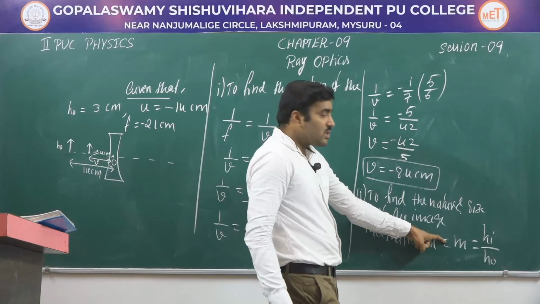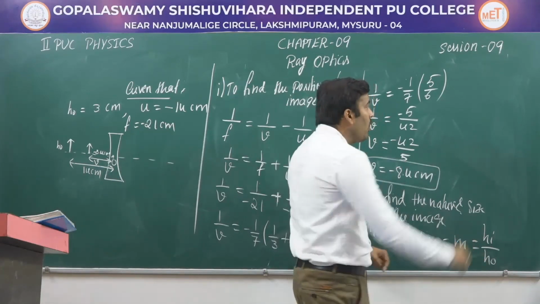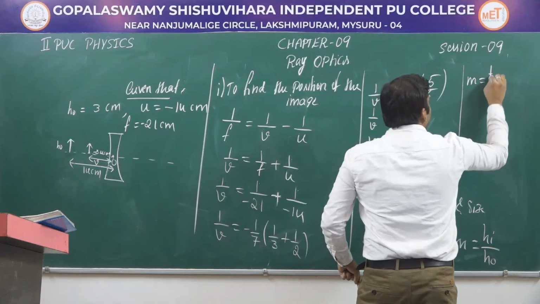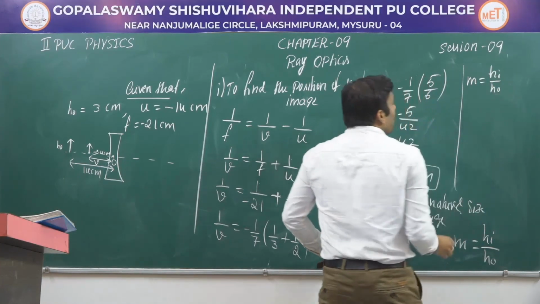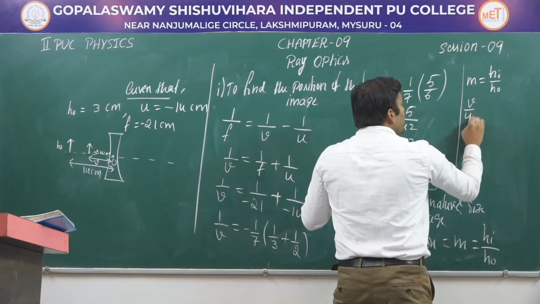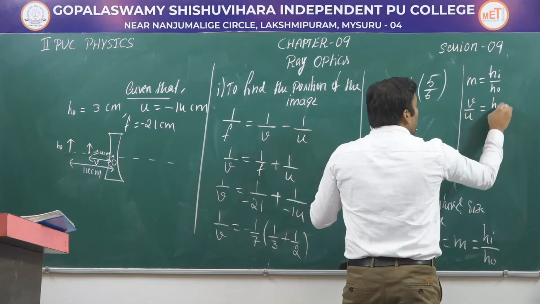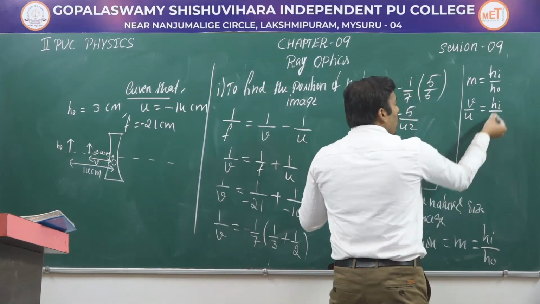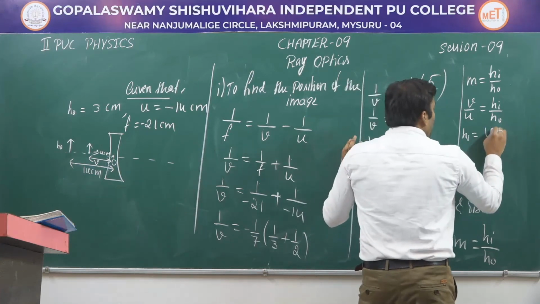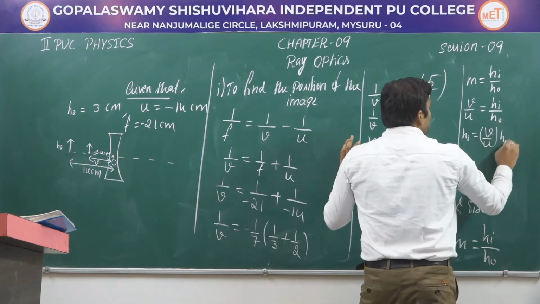To find the magnification we have a formula Hi by Ho. M is equal to Hi by Ho. But magnification for a lens is also given by V by U. So V by U is equal to Hi by Ho. If I want this Hi, Hi is equal to V by U into Ho.